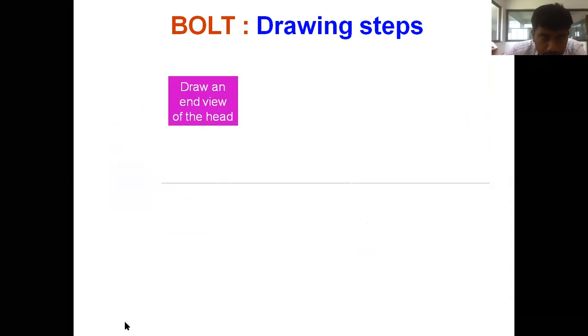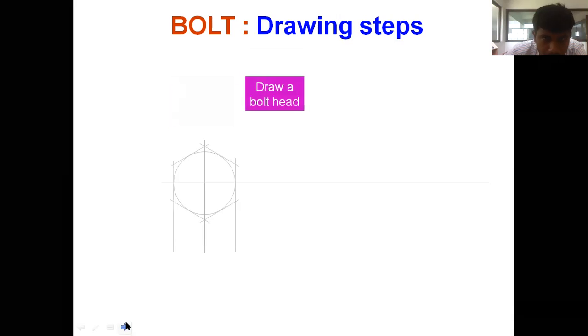Draw an end view of the head, starting positions, head, and project all these points. 30-degree chamfering.